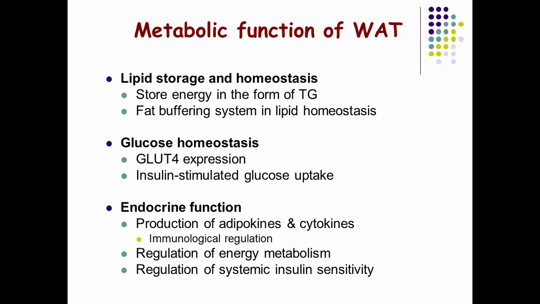Glucose uptake along with the skeletal muscle. So it's also an important tissue to regulate glucose homeostasis or glucose level control. And the third important thing I just mentioned is the endocrine function, right? The adipose tissue can produce a number of peptides, hormones, and cytokines, and regulates whole body energy metabolism.